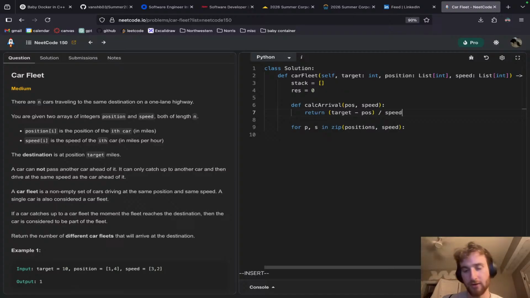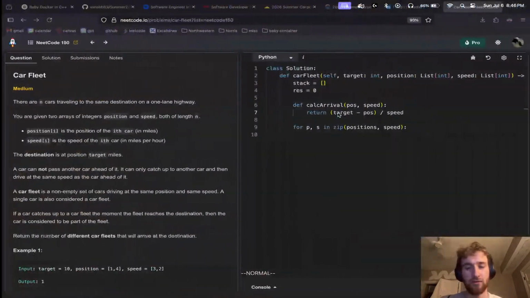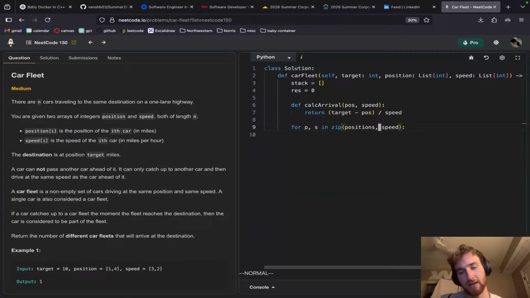If you have 5 miles, oh no, is it times speed? I think it might be times. Because say you're going 5 miles and you're going at 2 miles an hour. No, it is divided. What am I saying, bro? I think that's fine.